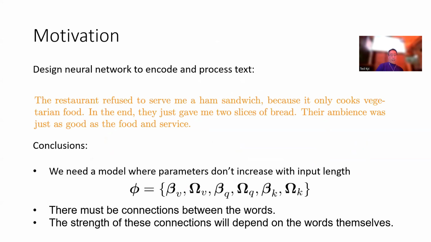Trying to remember what's on this slide. Recapping our motivation: we wanted something that processes text, where the number of weights is based on the word embedding, but not on the number of words. And we want something that can decide which words are related to each other.